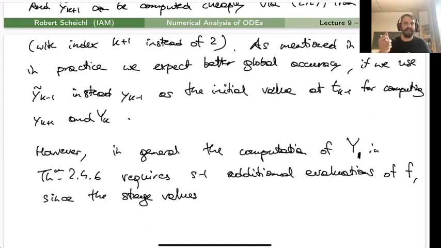But the second argument in f, namely the y argument, will be different. So you need to evaluate it separately. So the stage values will differ from those of y1 and y2.